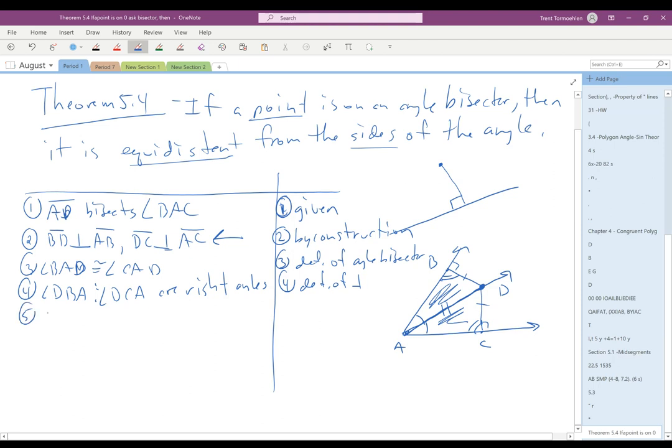So to carry that out, we'll say angle DBA is congruent to angle DCA by right angles are congruent. We know that if we have two right angles, then we can set them congruent to each other. And then we have AD is congruent to itself by the reflexive property.